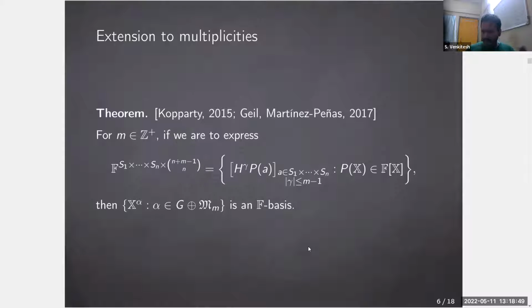So for any multiplicity parameter M, if we are to express this much larger vector space, where every vector is an evaluation of not just a polynomial, but a polynomial and its derivatives up to order M at the points in the grid, then the set of monomials coming from G sum M sub M is an F basis. All right.